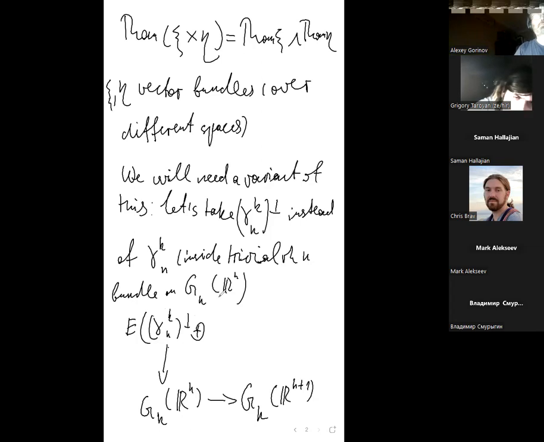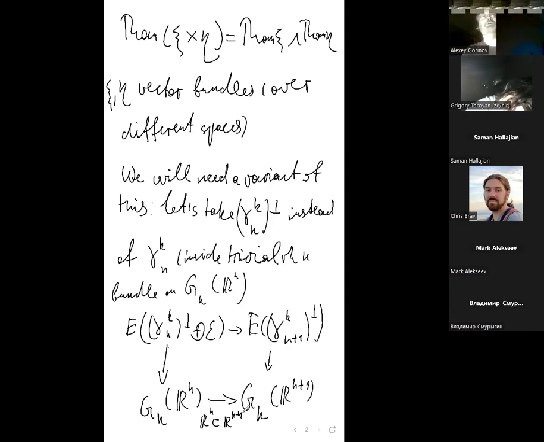Let's draw it. I take the orthogonal complement plus epsilon, and I take the gamma k n plus 1 orthogonal complement. So the inclusion is induced by Rn inside Rn plus 1.